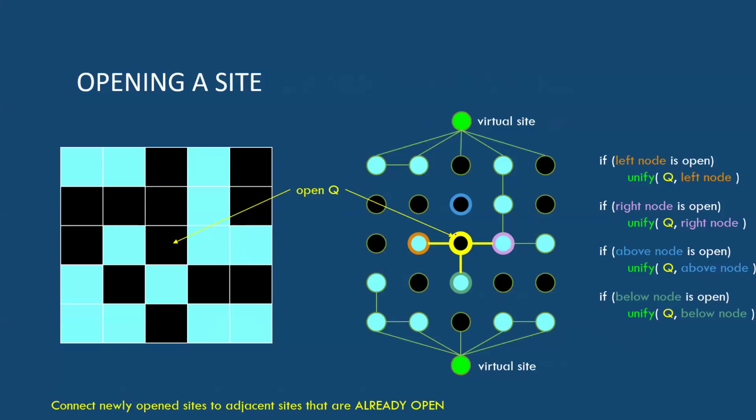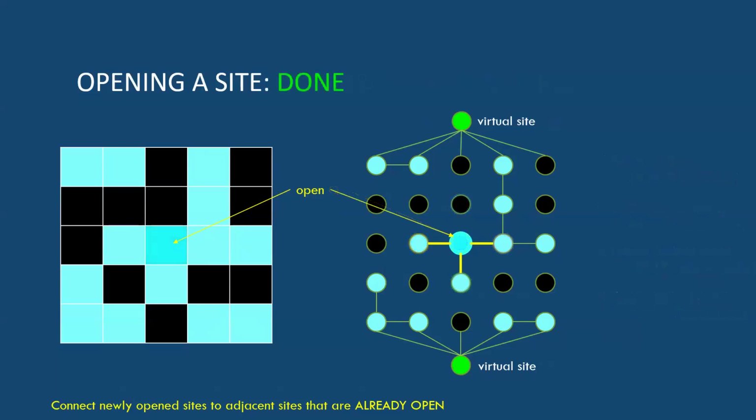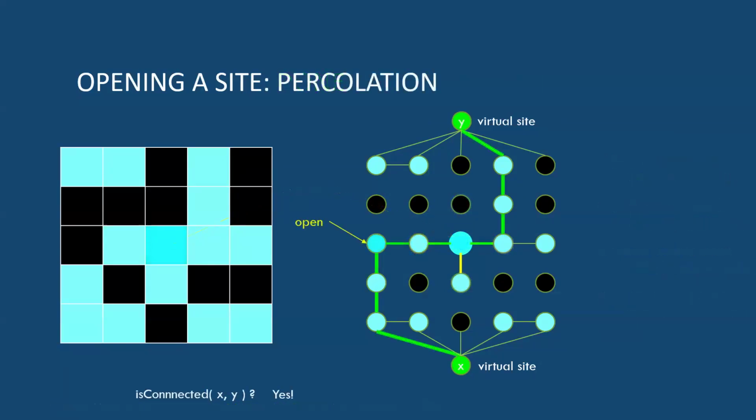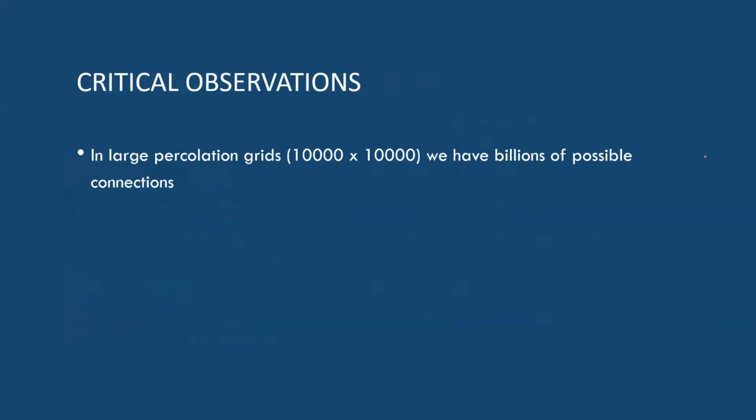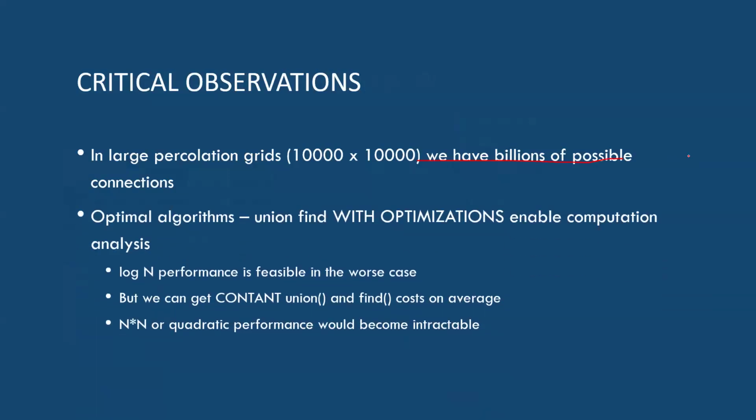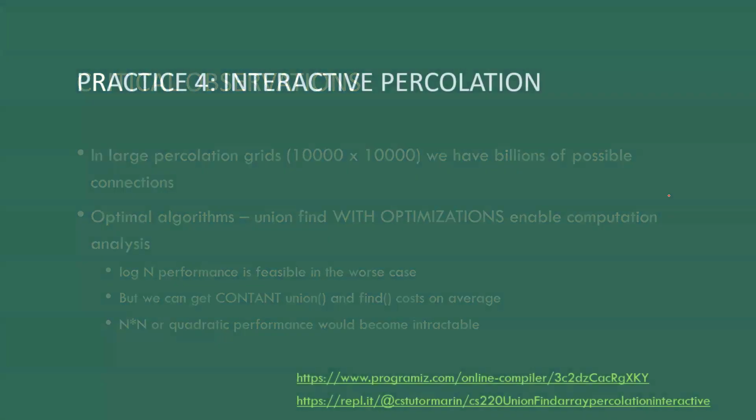But we are really just connecting up these little spaces as we go through until we get percolation, and then we stop, right? Because that's when percolation happens and we measure our probability, okay? So we have billions and billions of possible connections in a large grid, right? But with constant time optimization in there, we actually can do this in a reasonable way.